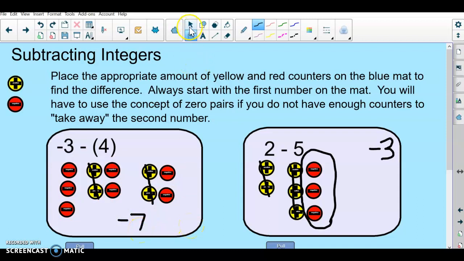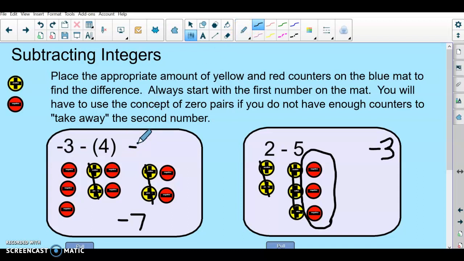So that is 7 negatives. Okay, so let's take a look at this really quickly. What did we actually do? Here we actually took away 4 positives, which means we're adding 1, 2, 3, 4 negatives. If you watch the vocabulary video, you'll know exactly where I'm going with this.